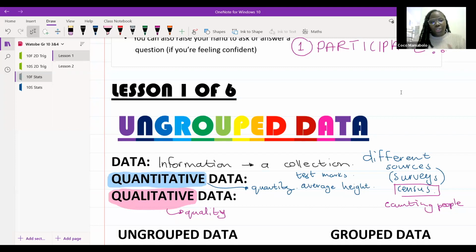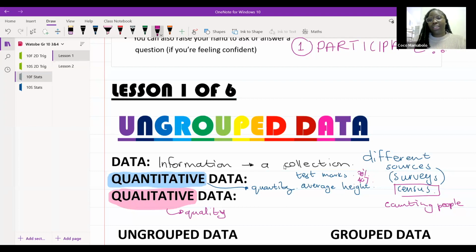Good. So do you see how everybody is giving me an answer that is an actual thing? You're not actually giving me a value. Like if I asked you, what was your test mark? You would say, I got 70%, ma'am, or I got 40%. That is quantity, because we're calculating how much you got.